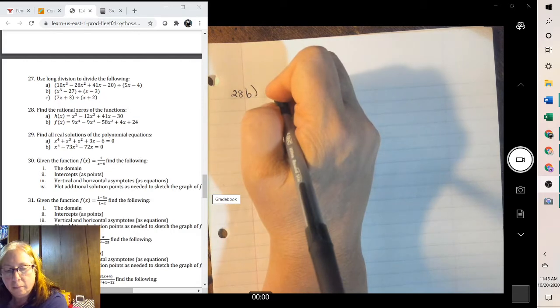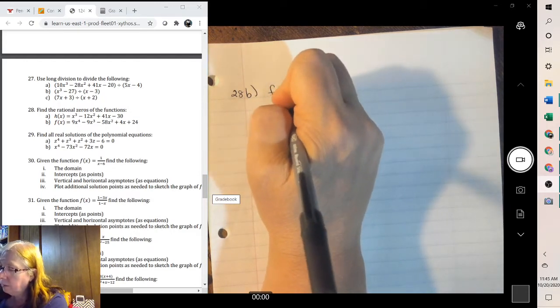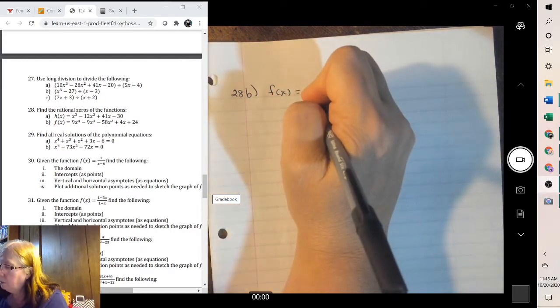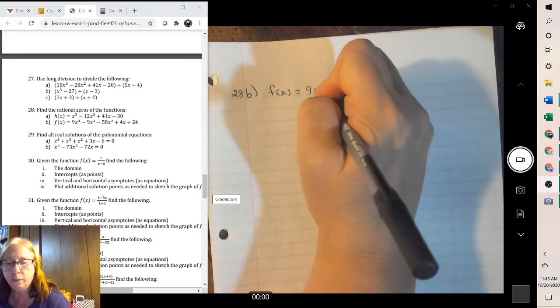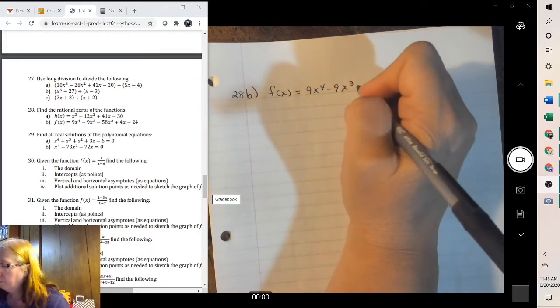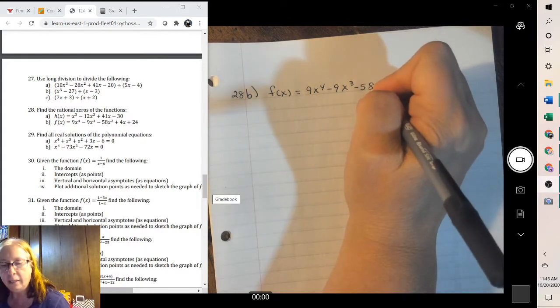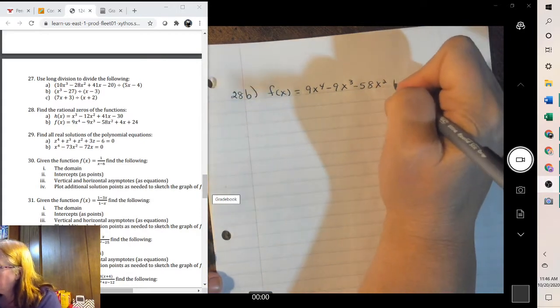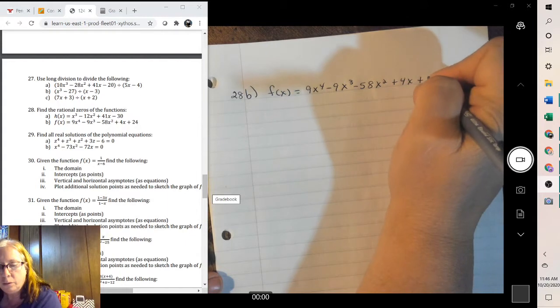The b is f of x equals 9x to the 4th minus 9x cubed minus 58x squared plus 4x plus 24.